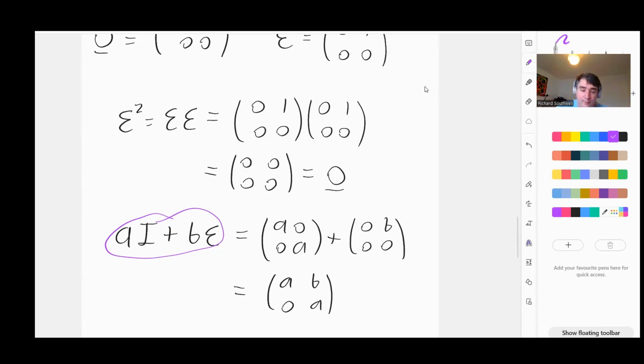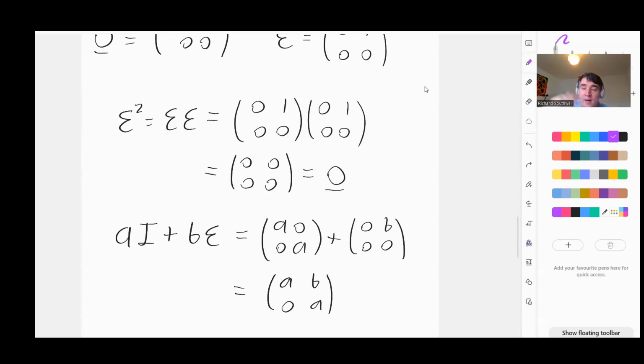So these dual numbers have these real numbers as multipliers here, but the first multiplier A is just multiplying I, so you can think of this as just the number A. But then we have this second part of the number, which is this other number B multiplied by this Nil-square infinitesimal, epsilon. So you can visualize these numbers as having A big units and then B little infinitesimal bits extra.